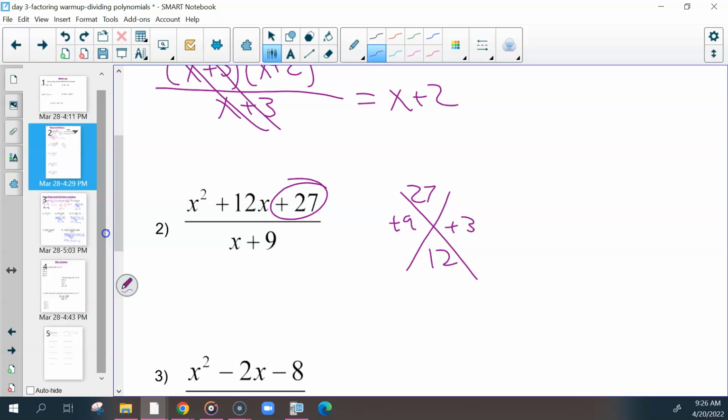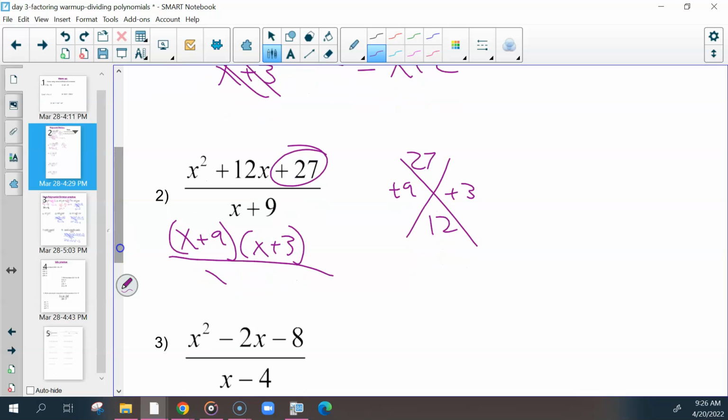So this has a equals 1, so you can go directly into your factors. x plus 9, x plus 3. So what would your final answer be? x plus 3. Are we always going to be like that? Is the top factor going to be equal to the denominator? Yes. If it's a polynomial over a binomial, then yes.